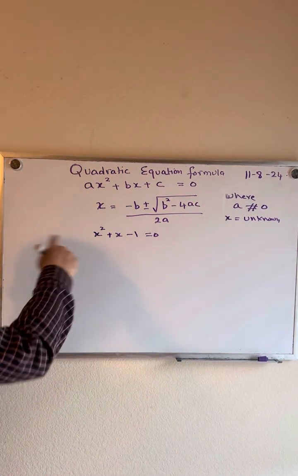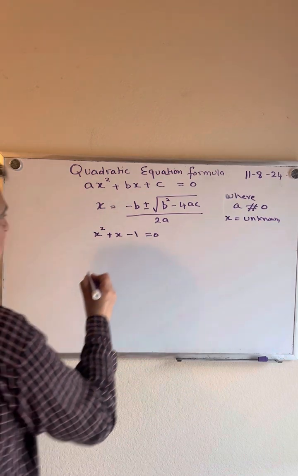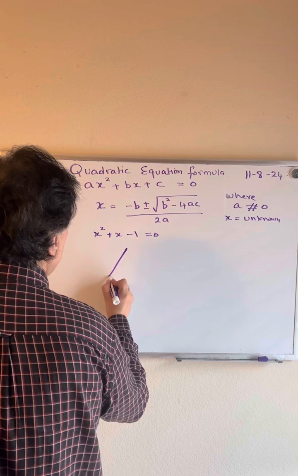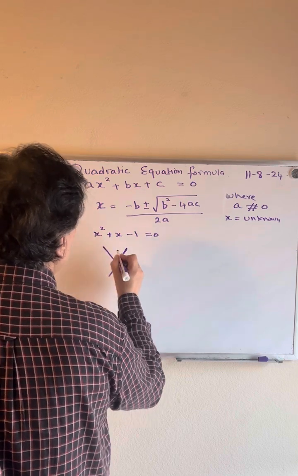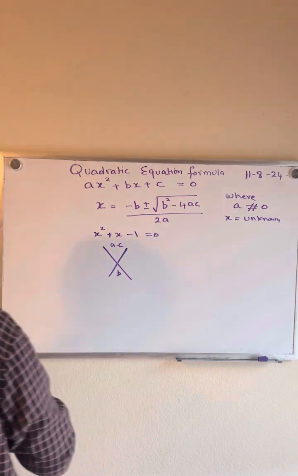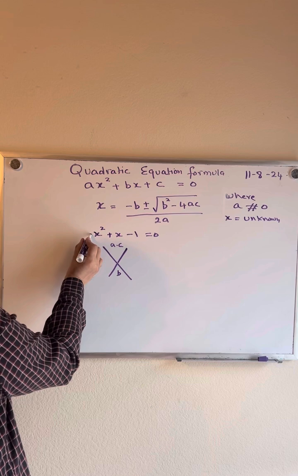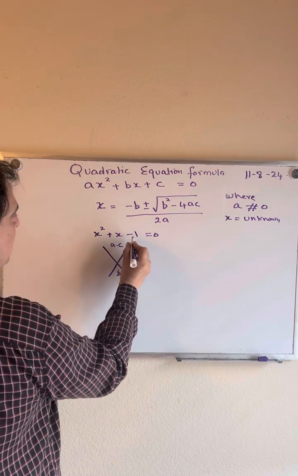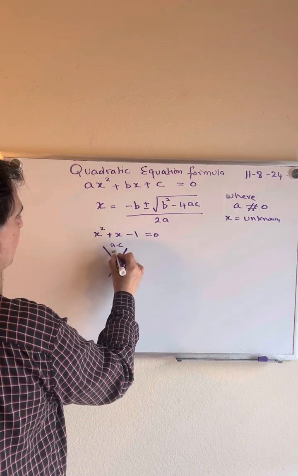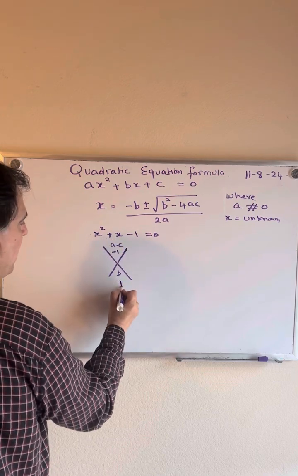You cannot find factors using the big X technique or any other technique, because if you recall, in the big X technique, what we do is that we have a times c and b. A times c, the coefficient associated with a is 1. All right, the coefficient associated with the constant is minus 1, so this becomes minus 1, and the coefficient associated with just b is 1.